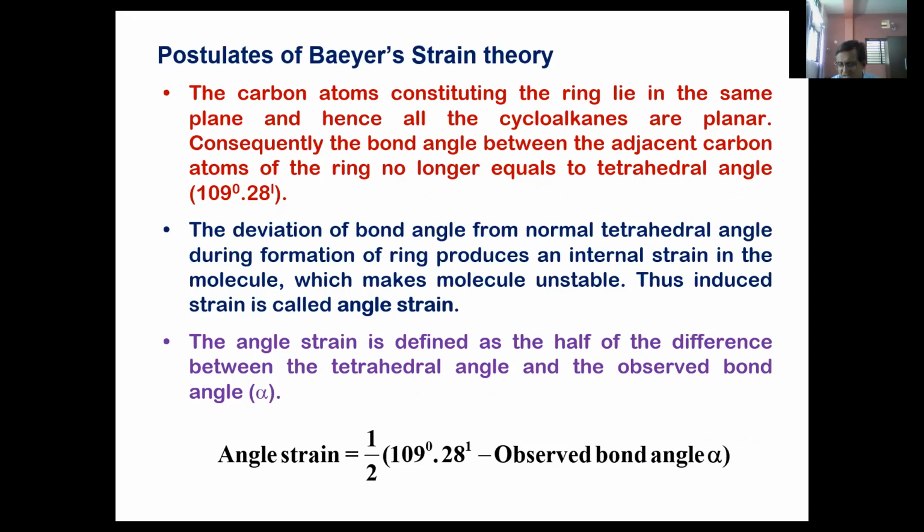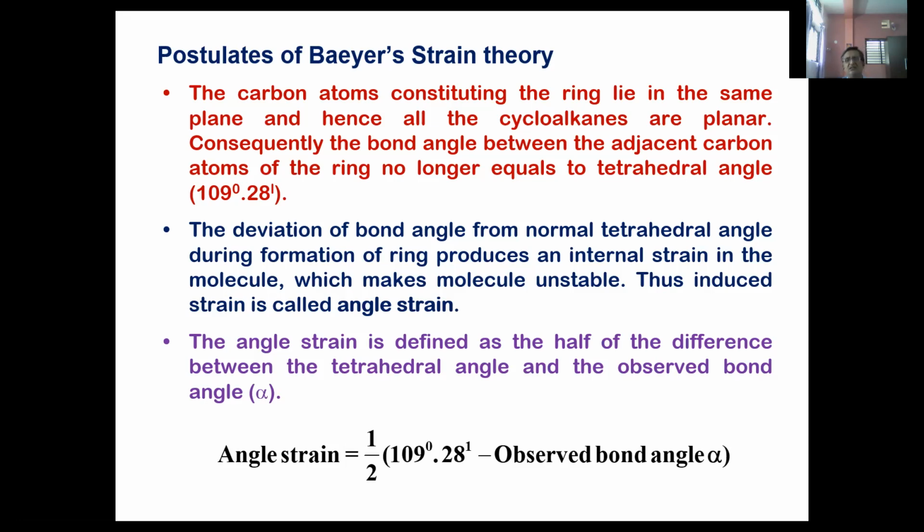When you take open chain hydrocarbons in which all carbon atoms are sp3 hybridized, in the sp3 hybridized molecule, atoms are directed towards the regular corners of the tetrahedron, and the bond angle between them is 109 degrees 28 minutes.